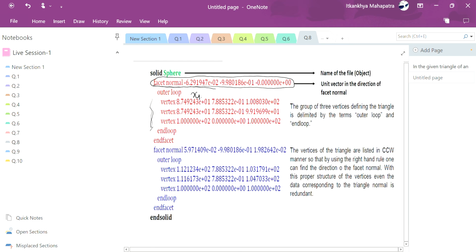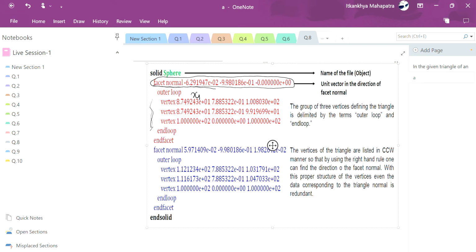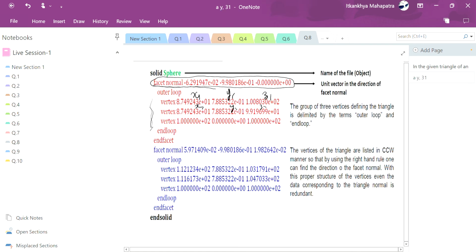This is x1, y1, z1, x2, y2, z2, similarly x3, y3, z3.